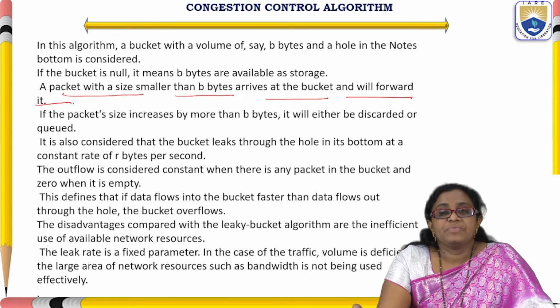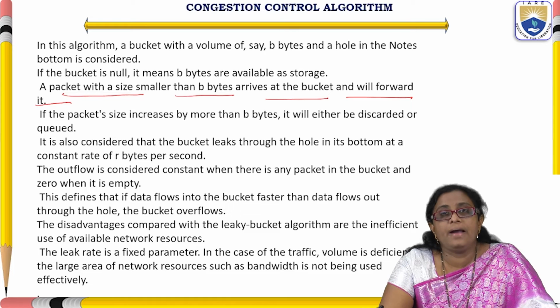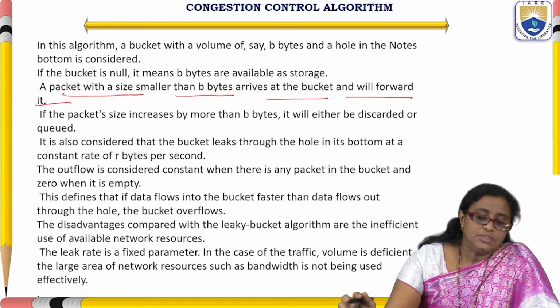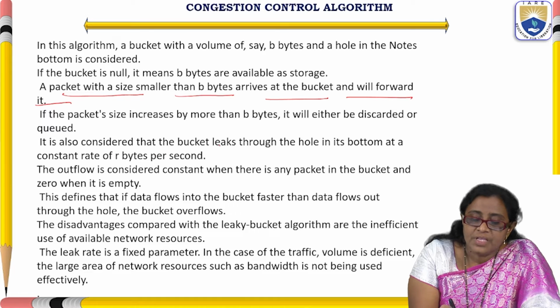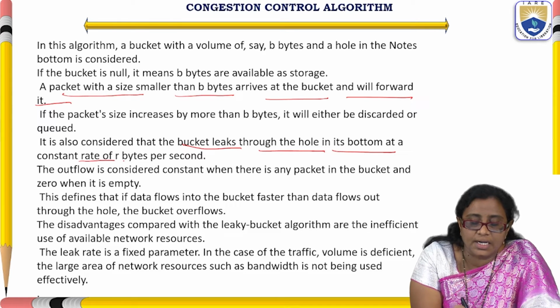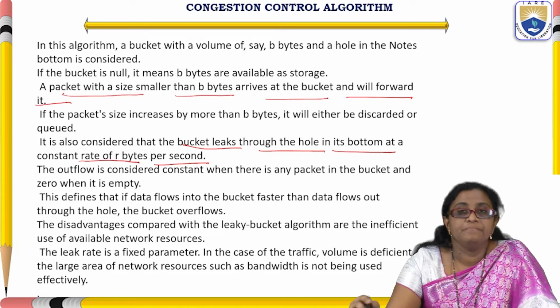If the packet size is more than B bytes, it will neither be discarded nor queued. Then the bucket leaks through the hole in its bottom at a constant rate of bytes per second.